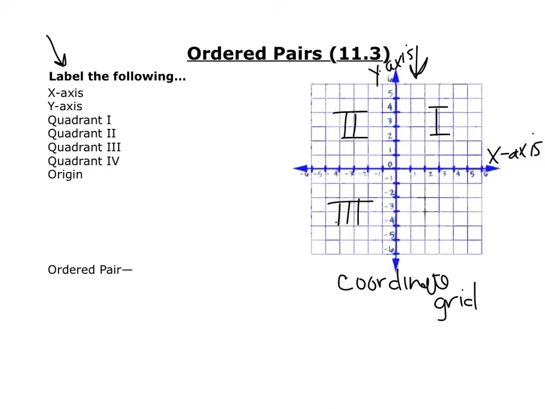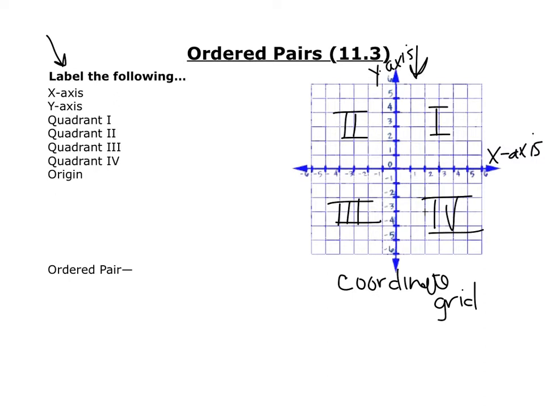Bottom left is 3. Bottom right is quadrant 4. So those are the 4 parts of the coordinate grid. People refer to them, what quadrant is this point in, what quadrant is this point in. You just need to know how they're numbered, and you can see the pattern there. It just goes counterclockwise from the top right.